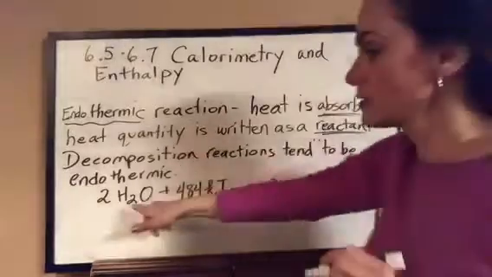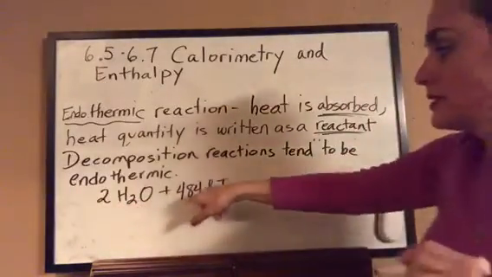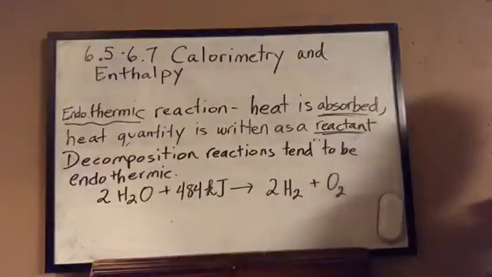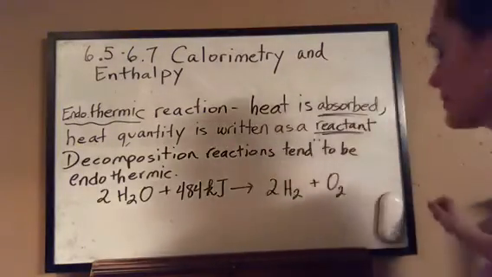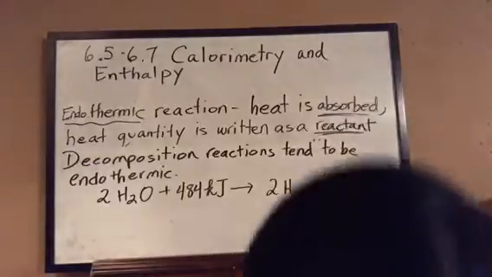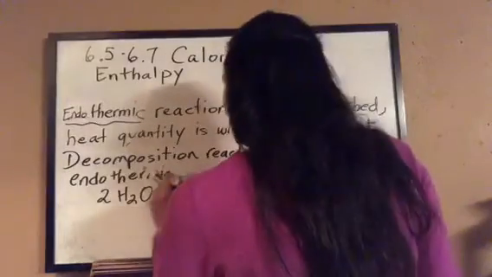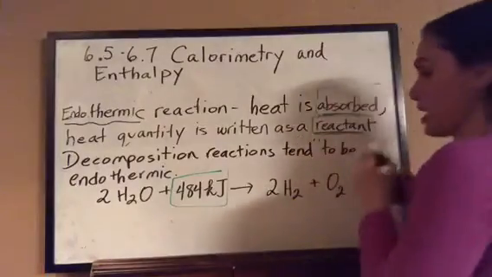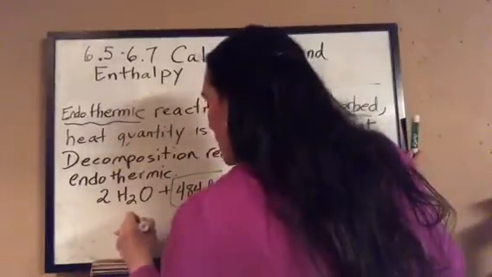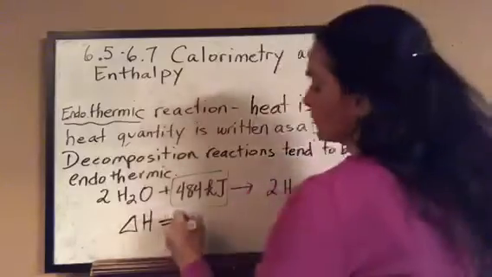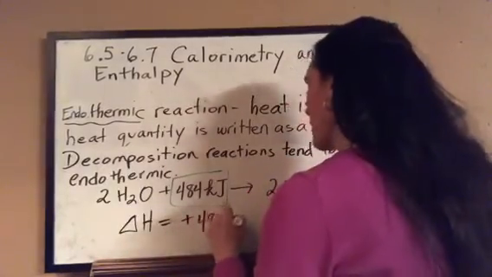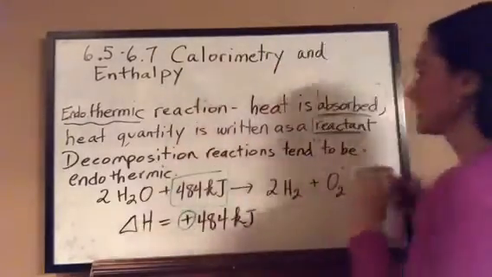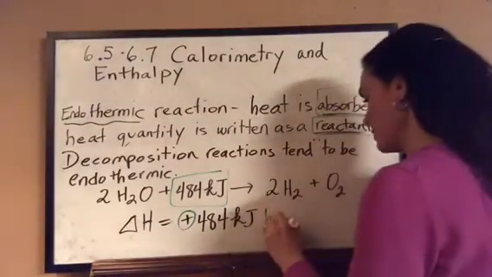To break those bonds requires the absorption of this heat quantity to give us the 2 products there. Notice that the heat is written as a reactant. And the change in enthalpy would be positive 484 kilojoules, the positive value meaning that heat is absorbed.